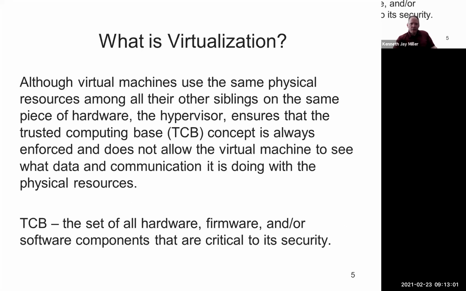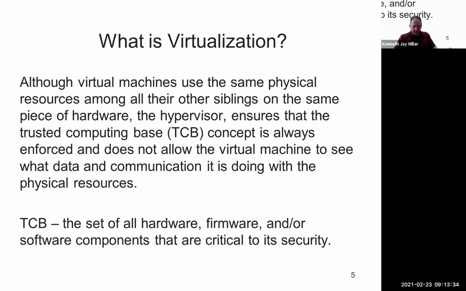Now, although virtual machines use the same physical resources, if we go into a virtual and look at the device manager, you'll see that device manager is still going to say there's a processor, there's memory, there's a video card, there's a network card, there's your input output, there's your USB, all these different components, as if it's on an actual physical machine.